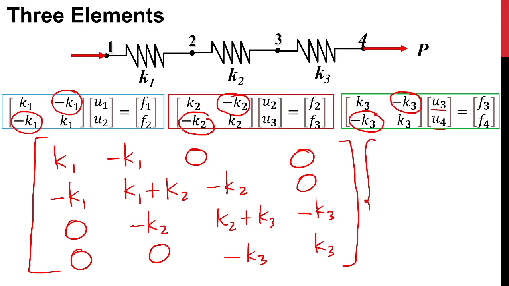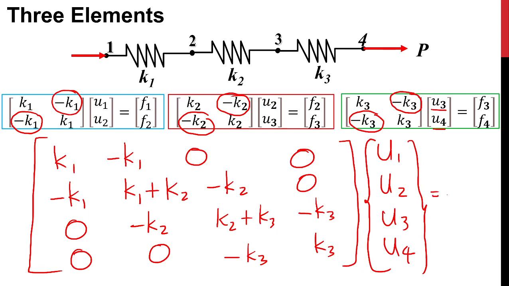Over here kita ada U1, U2, U3, U4. Kenapa sampai 4? Sebab 4 nodes. And over here letak F1, F2, F3, F4.